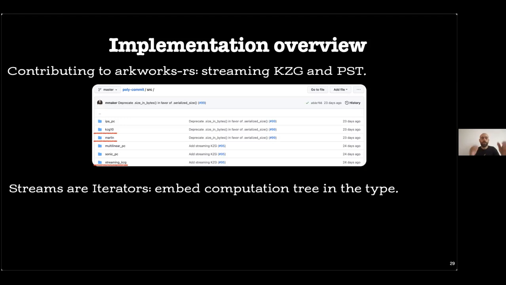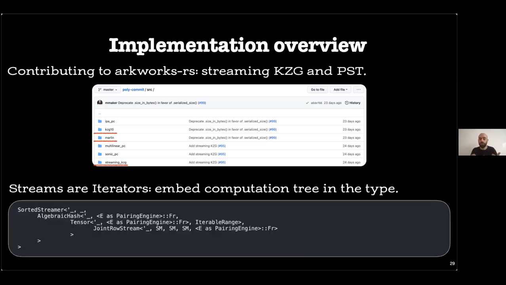The second thing that I wanted to share about the implementation is, to be very concrete, at the end of the day all of these streams are just iterators. When you work with them in Rust and you want to avoid dynamic types, you end up having to embed the entire computation that you make in the tree in the type.